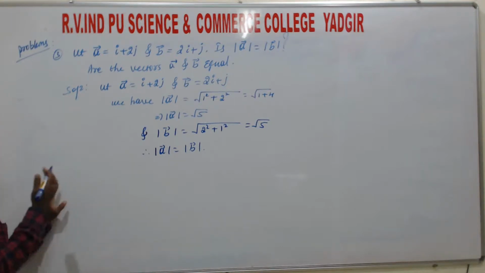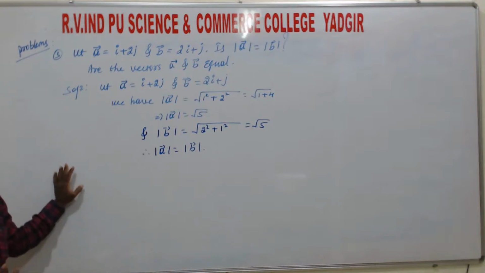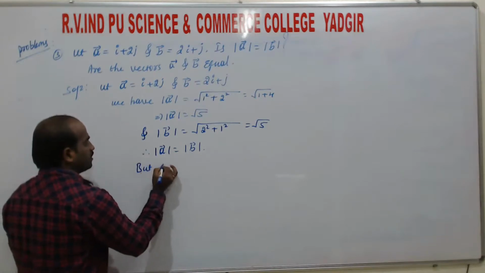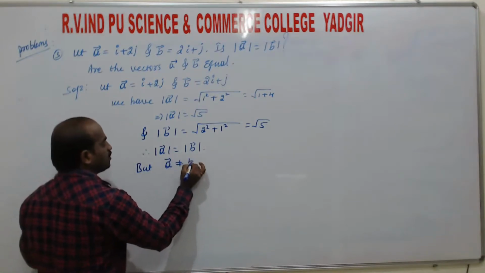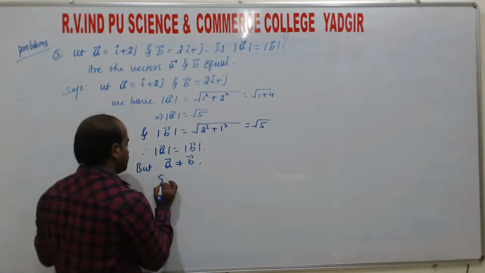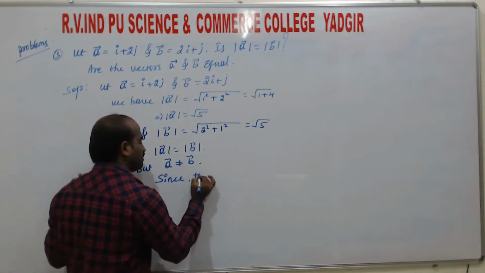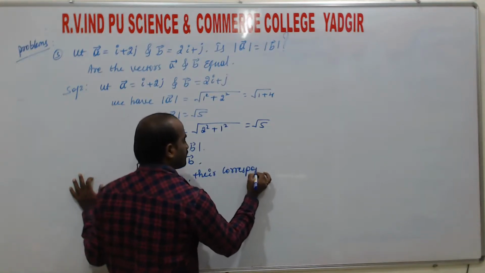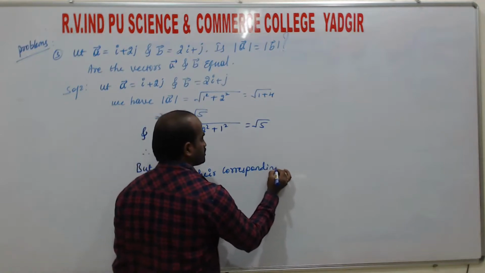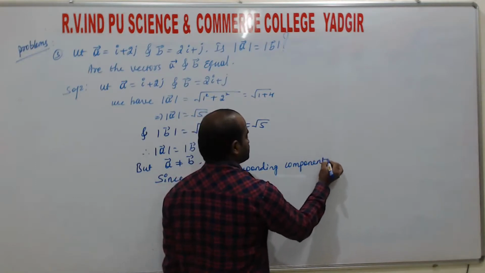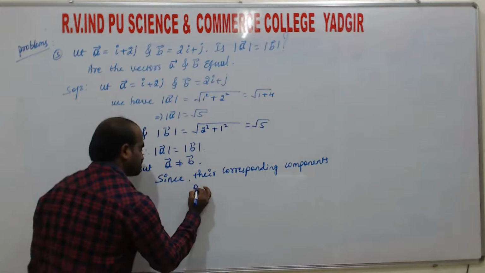This means the corresponding components are distinct. A vector is not equal to b vector since their corresponding components are distinct.